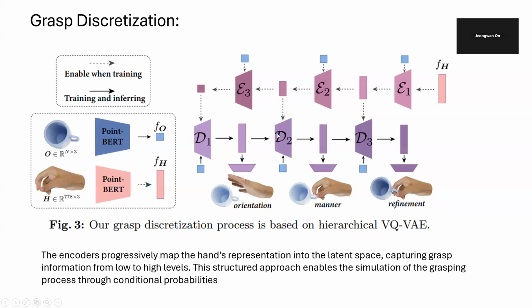The subsequent decoder takes in as input the previous decoder's output, the second encoder's input, and the object feature, and outputs the manner, and the manner token can be obtained from the output of the second decoder. And similarly, from D3, we get the refinement token.